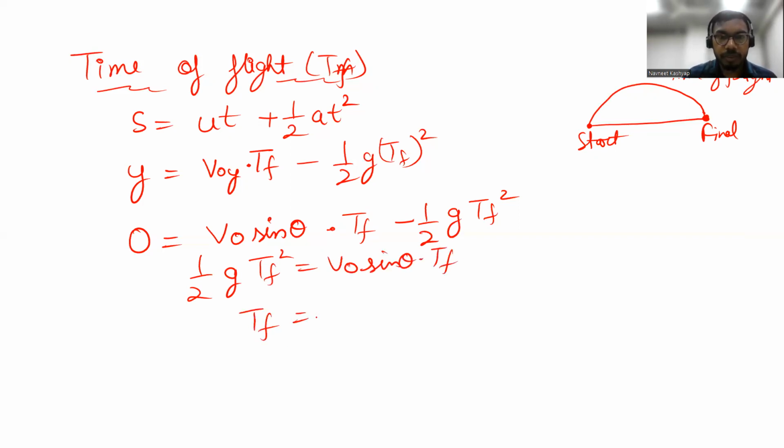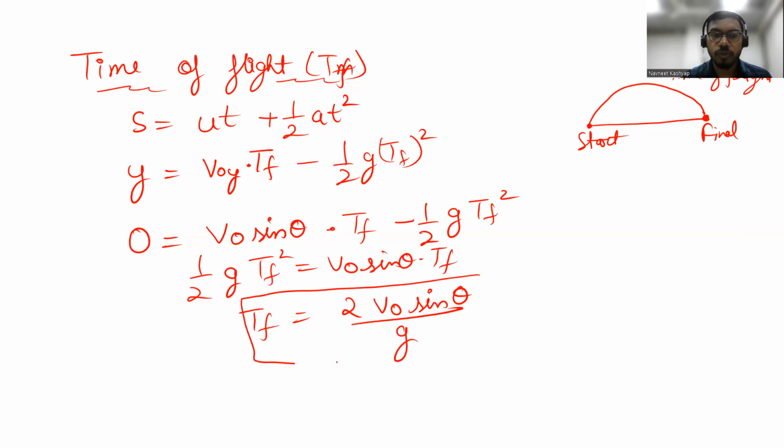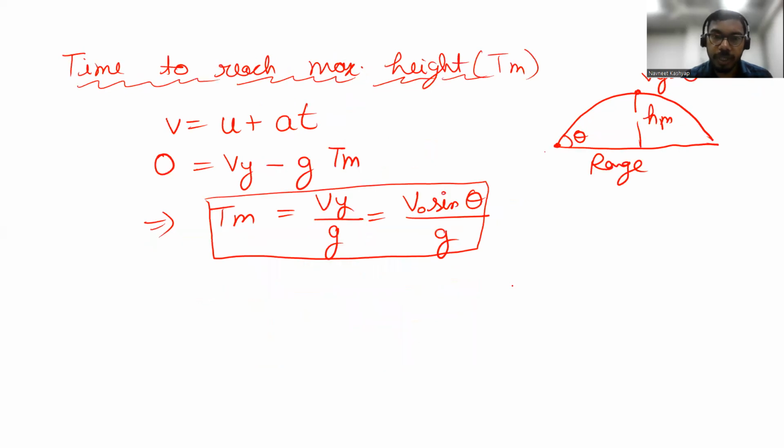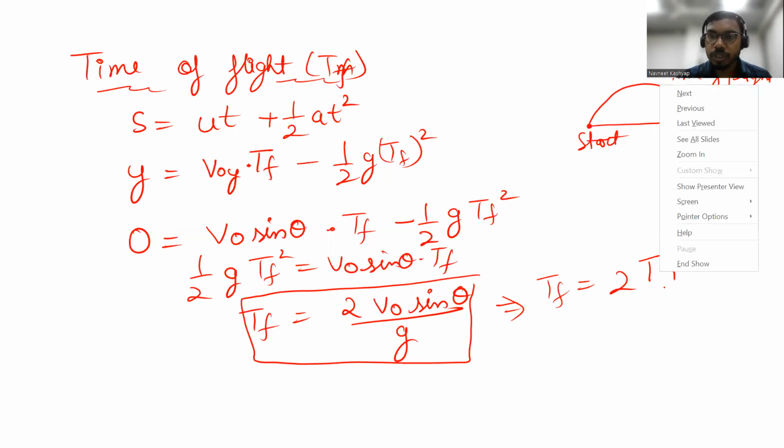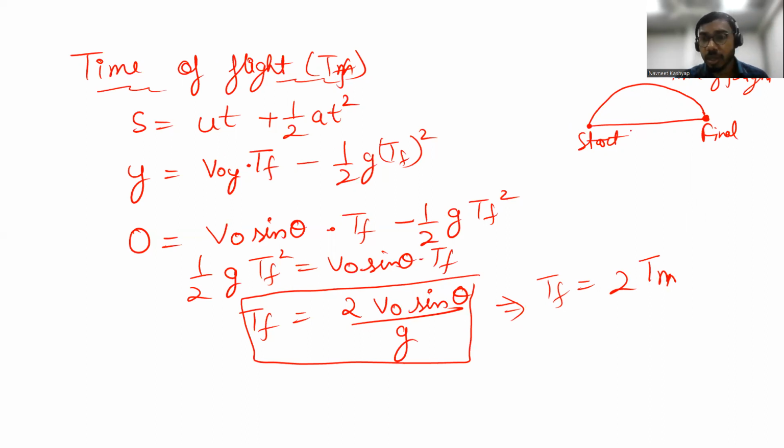Then we simplify it, and we get 2 times v naught sine theta upon g as the total time of flight. If we compare it with the time to reach maximum height, which was v naught sine theta by g, we can write that time of flight is double the time to reach the maximum height, which is expected, because as much time as it takes to reach the maximum, that same time it will take to come back to the same horizontal plane.